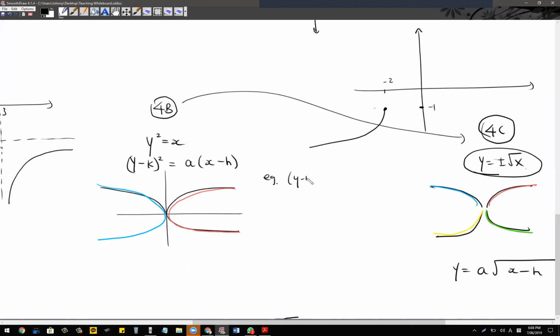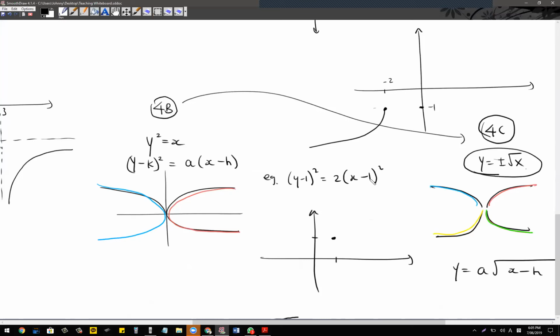when you have (y minus 1) squared equals 2(x minus 1), then all you need to know is that's -1, -1, but in this case, because this -1 is inside the bracket, it obeys the same rule as this one here. So this is a +1 and +1.